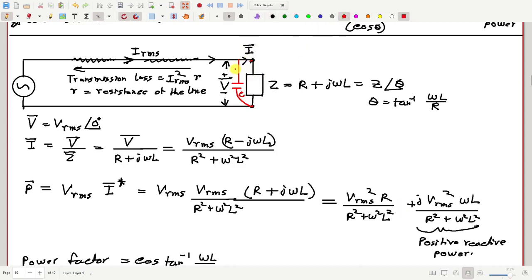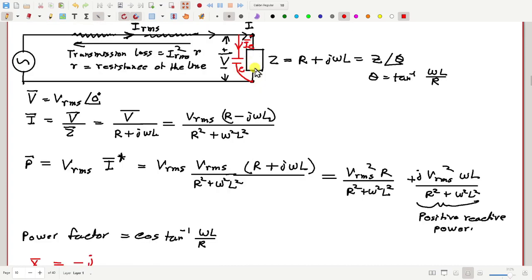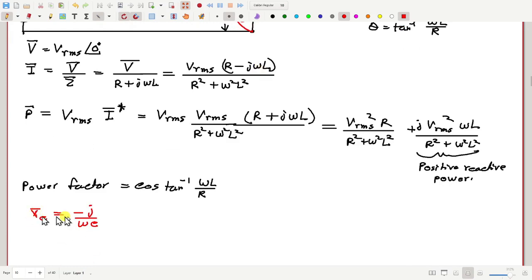Now this capacitor will also take some current, call that IC bar. So how much will be IC bar? That will be V bar divided by this impedance, minus j by omega C, which is V bar times omega C by minus j.